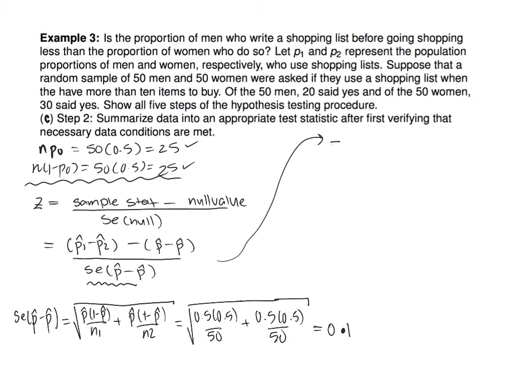Okay, so now plug in all you know. You have P1 hat minus P2 hat, so that's 0.4 minus 0.6 minus, in this case the null value is 0, divided by 0.1, which comes out to be -2.